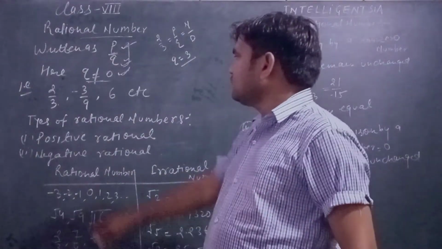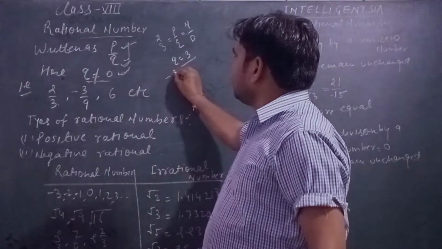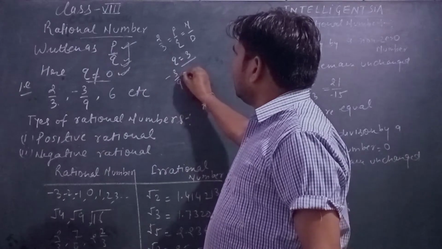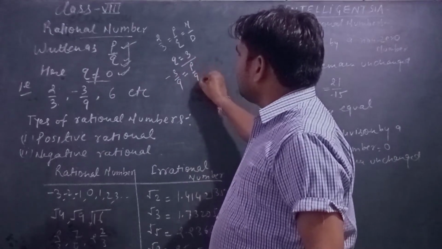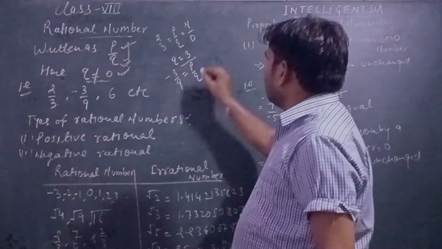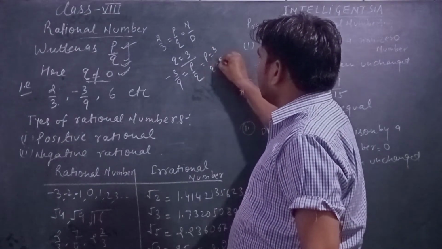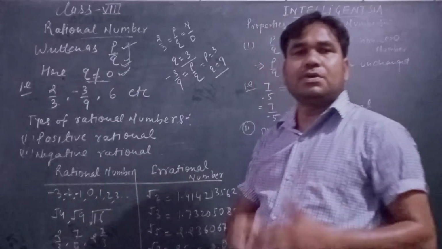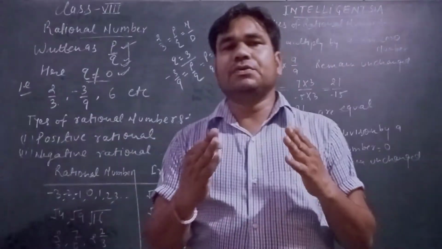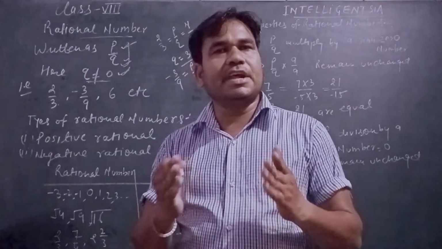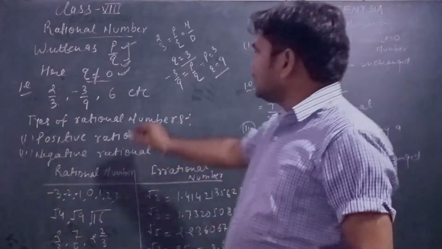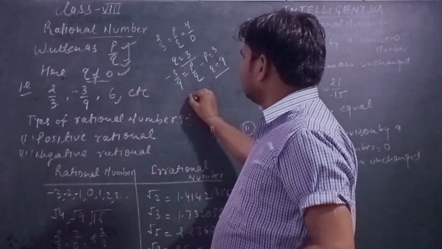And second, you see minus 3 over 9. It means to say we compare with P over Q. Here P equal to minus 3 and Q equal to 9, which is not equal to 0. It means that is also a rational number. And third we see 6.